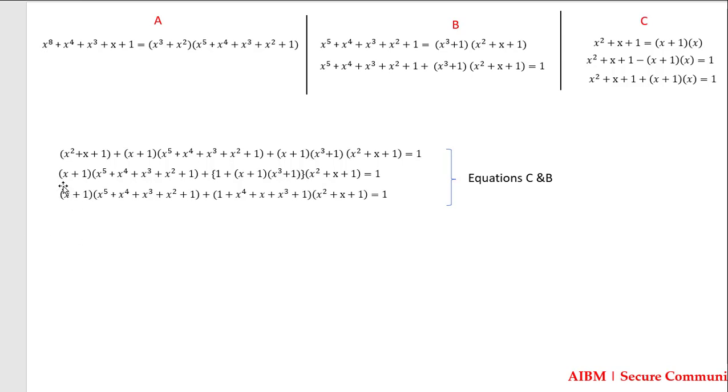Then we will do a simple mathematical operation for this one: (x + 1) multiplied by (x^5 + x^4 + x^3 + x^2 + 1) plus 1 plus (x^4 + x + x^3 + 1) multiplied by (x^2 + x + 1) equals 1.